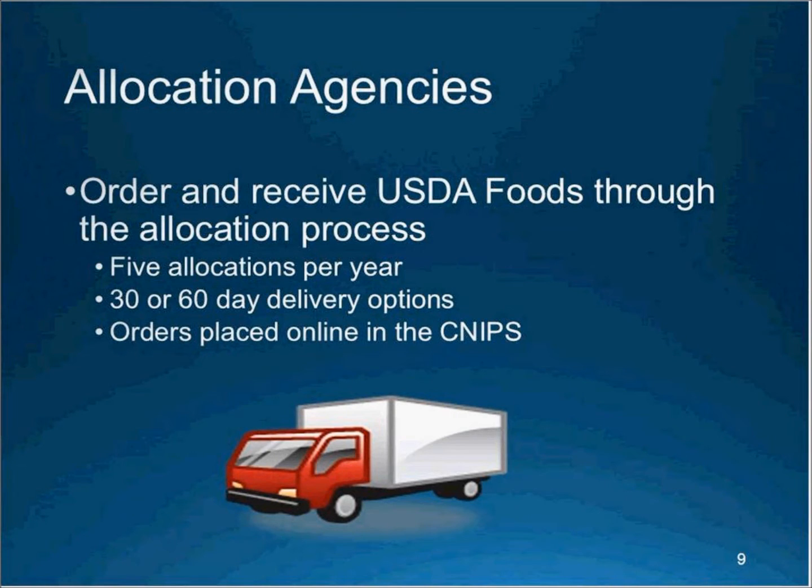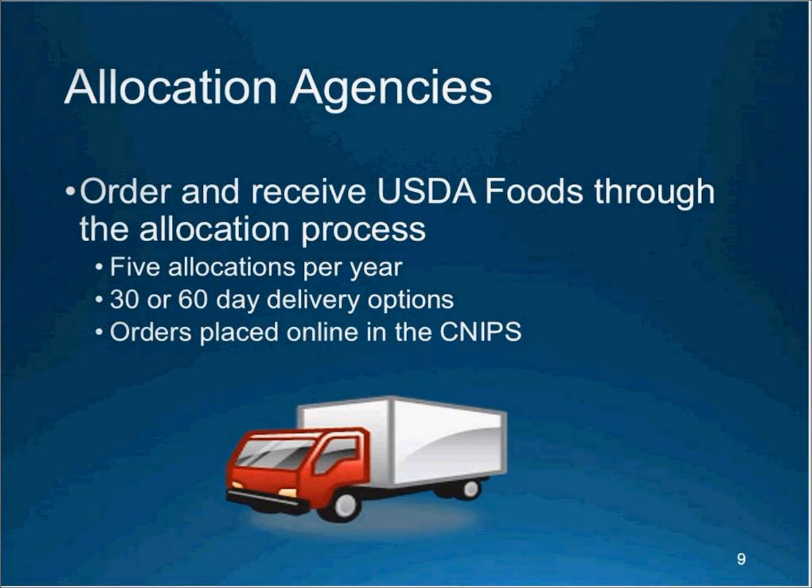The amount of food offered to each agency during each allocation period is calculated by the quantity available in the state distribution center and the agency's total lunches served. This calculation determines a recipient agency's fair share. Agencies are never required to order every item that they are offered on its allocation.